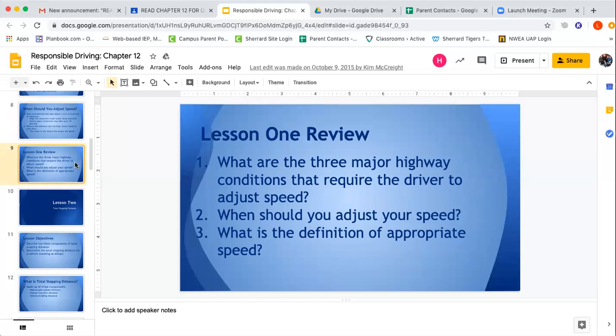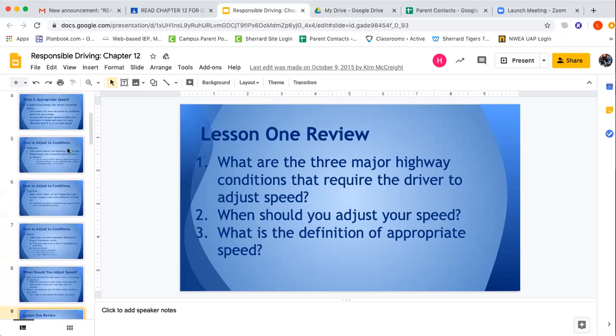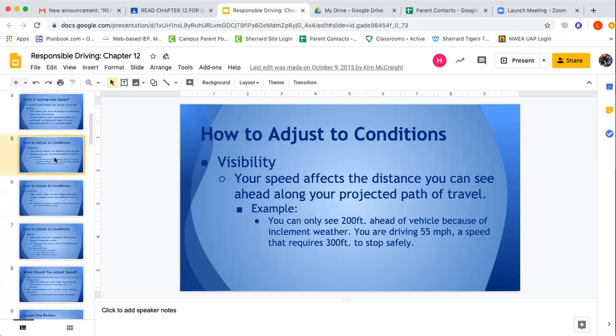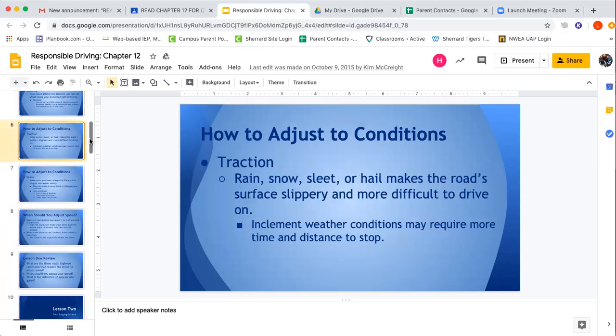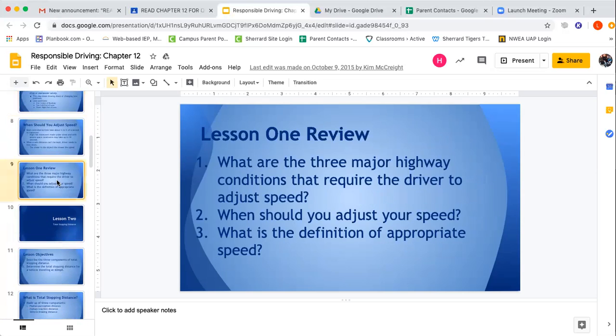And then the last one in lesson review, there's some questions here. So if you take a look at these questions and you can answer them given the slides that she just did, then you're doing all right. If not, go back and look at those again if you need to, okay? So what are the 3 major highway conditions that require the driver to adjust speed? Well, those 3 major highway conditions: visibility, traction, space, okay?